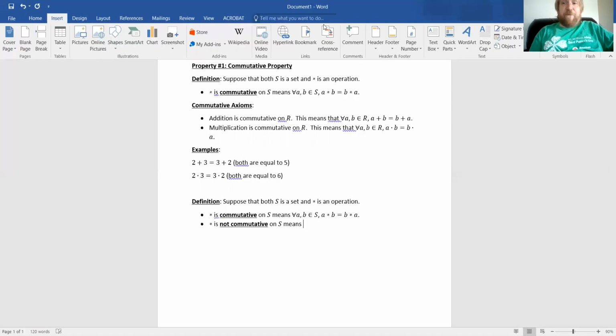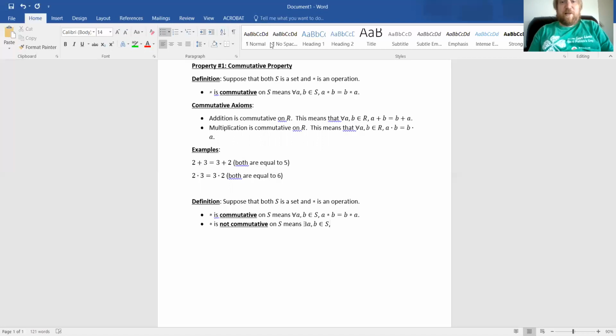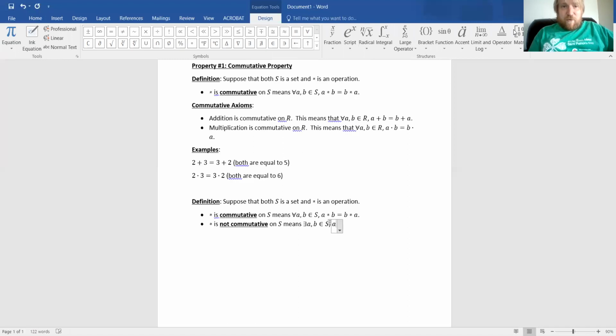So we have there exists A, B in the set S, and then you negate the predicate. So here we had A star B equals B star A. The negation becomes A star B is not equal to B star A.